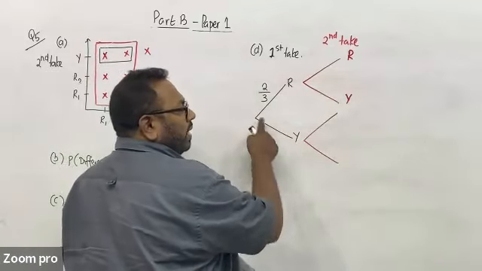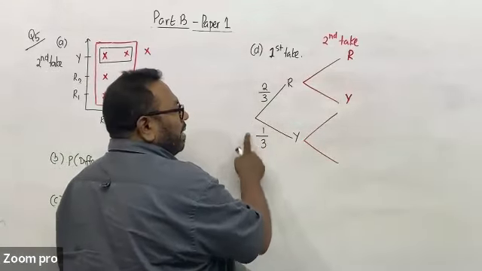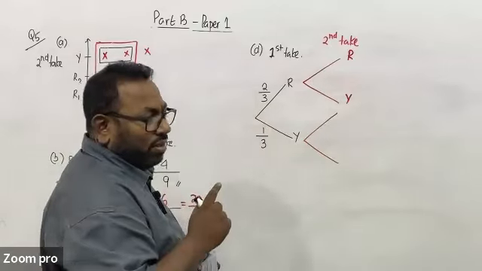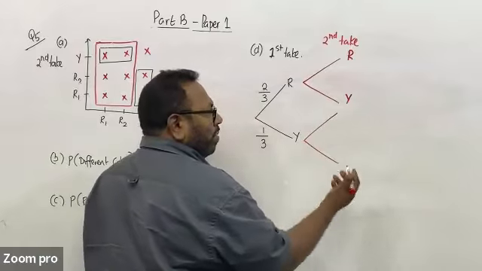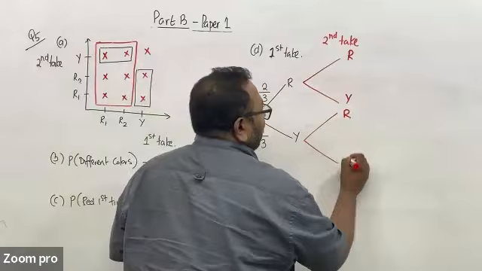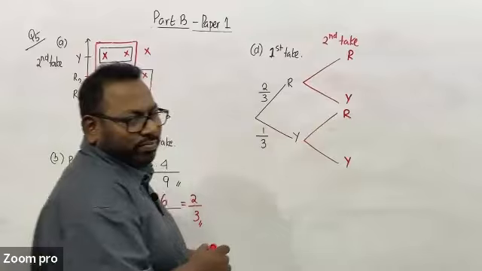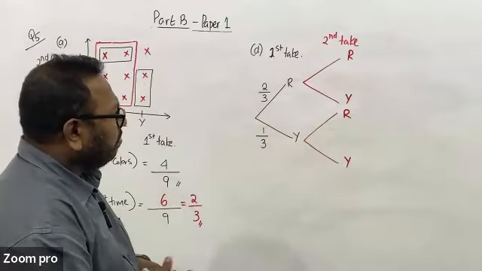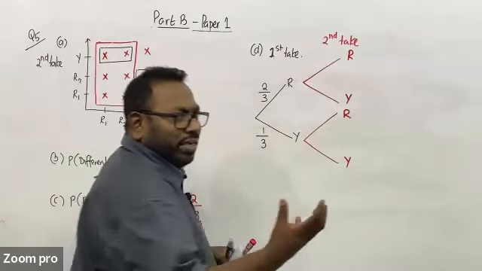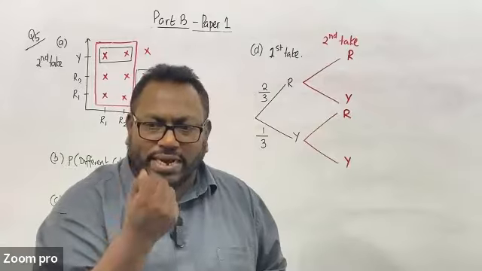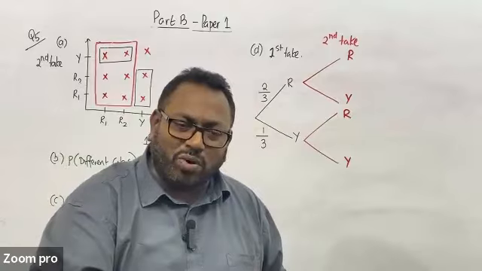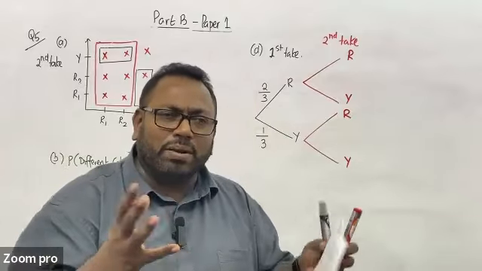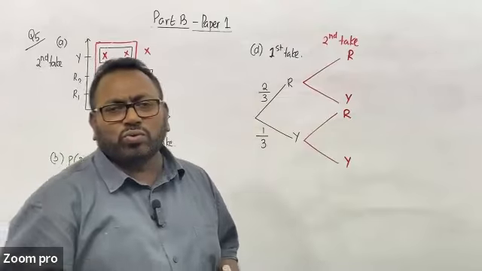Here, if you take a yellow for the first time, the probability is 1 out of 3. You take another one. What is the probability? Red or yellow once again. Okay, now what do we do? We take the bead, look at it, put it back inside. So for the second time also, the same number of beads are there for you.